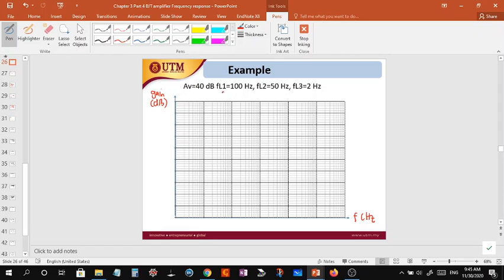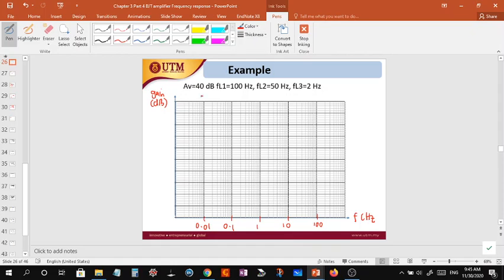Okay, so when you do the plot, you see the value of the frequency. The maximum is 100 hertz, and the minimum is 2 hertz. So the maximum, let's say this one is 100. Below one cycle is 10, below one cycle is 1, below one cycle is 0.1, and then this is 0.01. So this is how you label the x-axis.